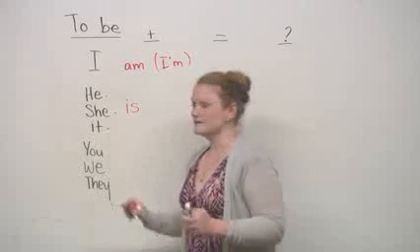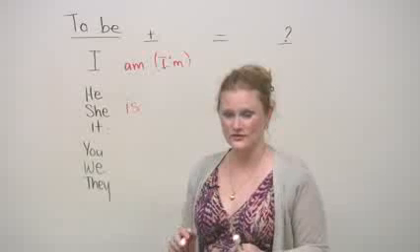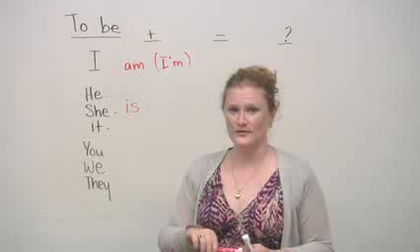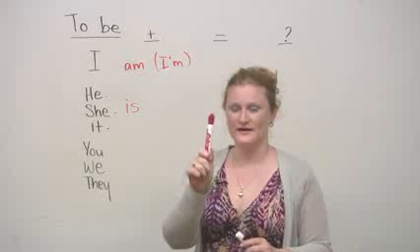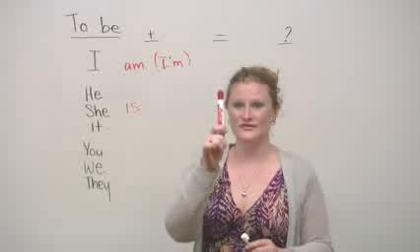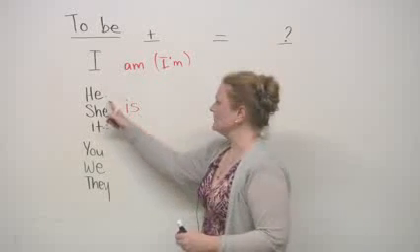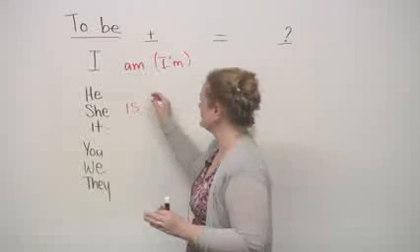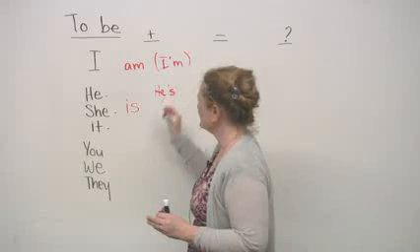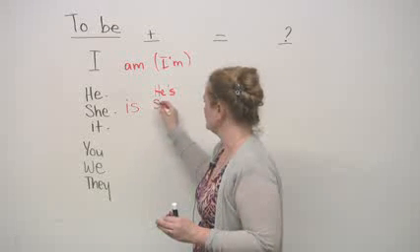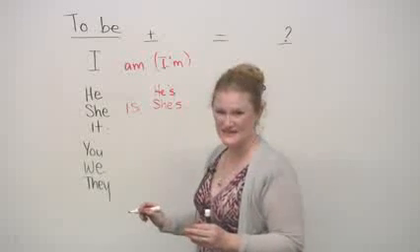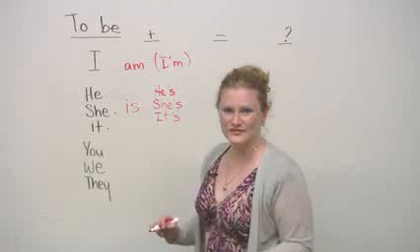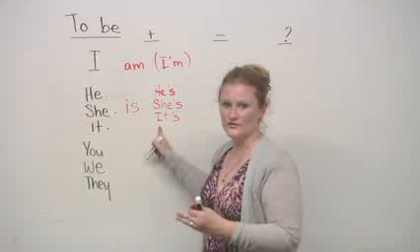Now, it is a singular noun, so that means one of something that is not a person. For example, my marker, I can say, it is red. Okay? When we say he is, or she is, or it is, we can shorten it and say he's, she's, or it's. Again, these are the shortened versions.